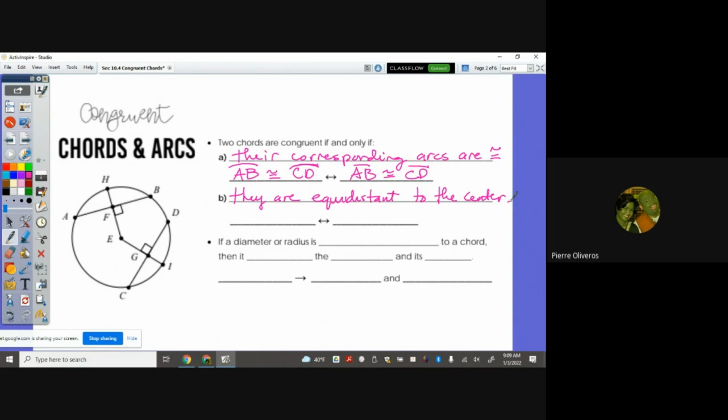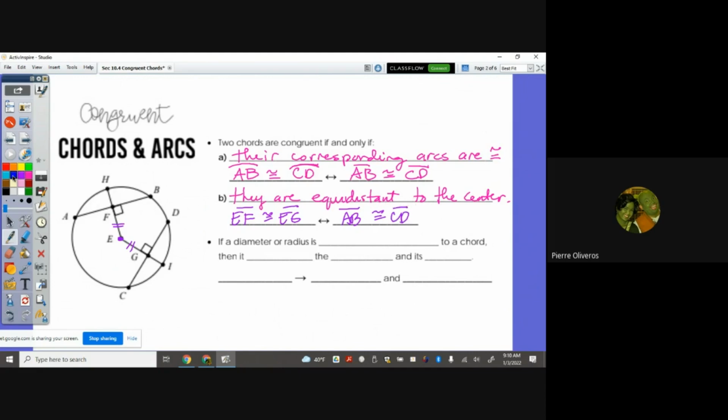Meaning, in this picture here, if point E is the center, and EF and EG are congruent, so if EF is congruent to EG, we can say that AB is congruent to CD.